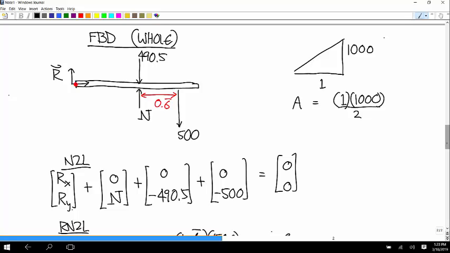But in order for this to be in equilibrium, this has to pull down to counteract these two downward forces. All right, are we done with this problem? No, we haven't really started it yet.